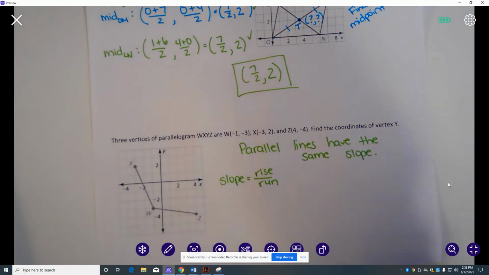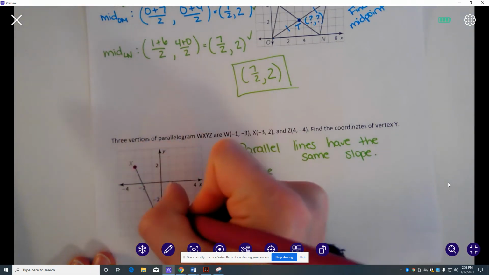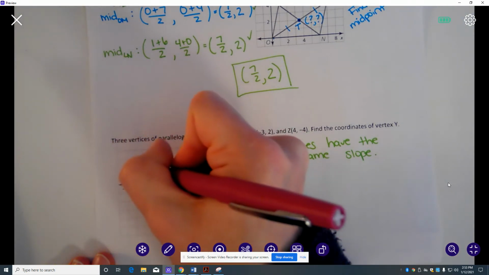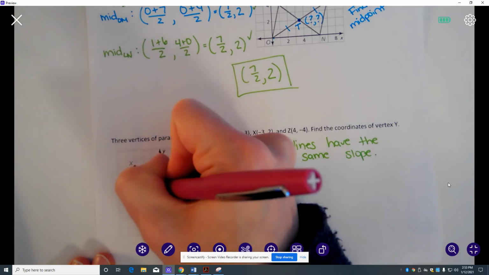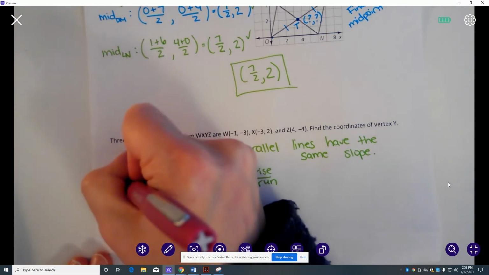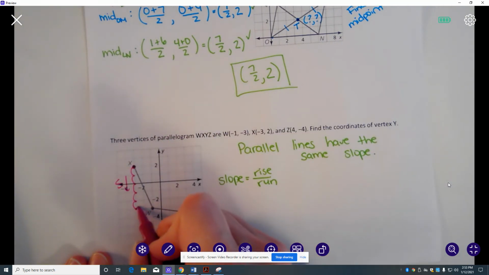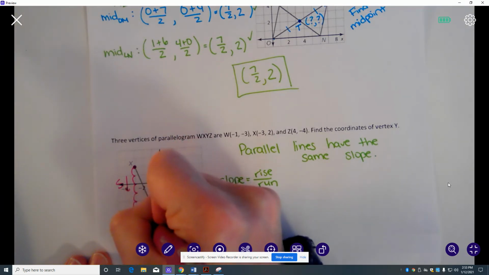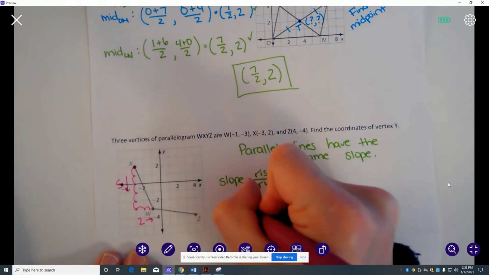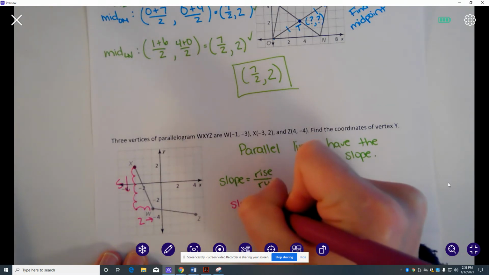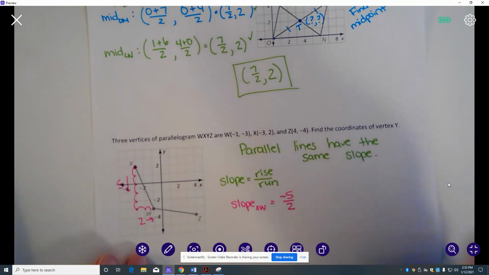I'm just going to count the rise over the run. I'm going to start with the point on the left and count to the point on the right. The rise is down 1, 2, 3, 4, 5. So it's down 5. The run is right 1, 2. So the slope of segment XW is equal to negative 5 over 2.